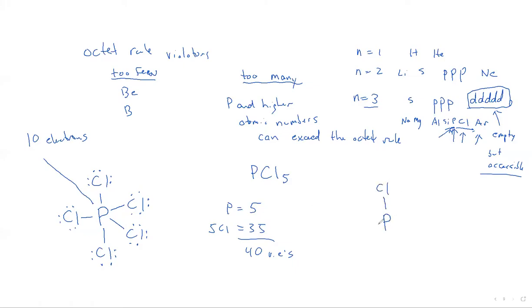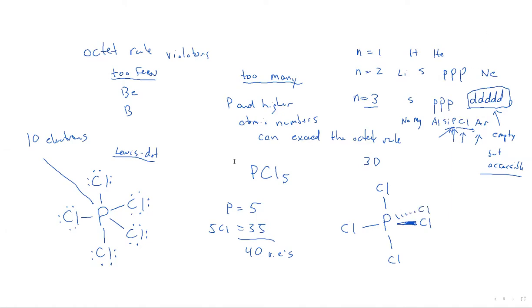There's 1 up, and these are all in the plane. Cl. And again, I don't care about the lone pairs on the atoms on the outside. If you're doing a Lewis dot, you have to include all the dots because it's in the word Lewis dot. But when you're doing your 3D, we're just concerned about the central atom, so you don't have to put the dots on the outer atoms. This one's coming towards you and this one's going away from you.